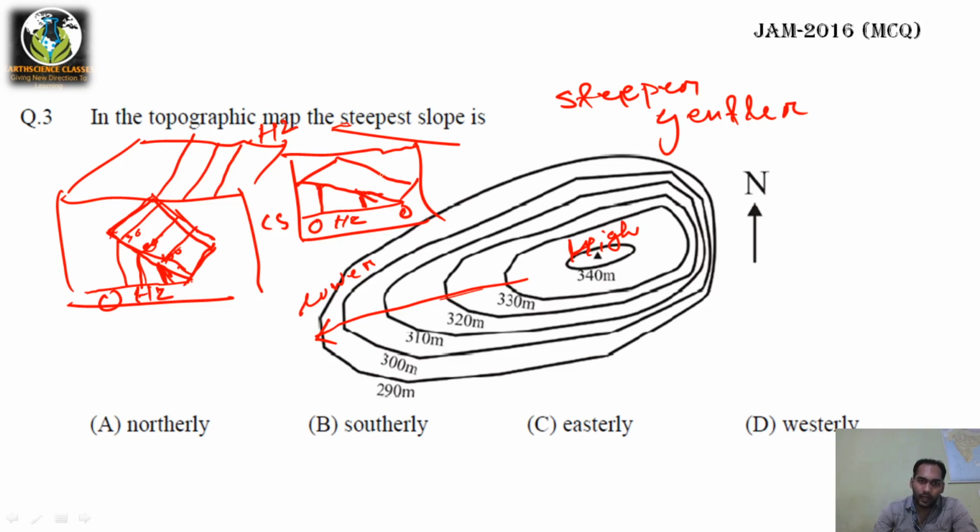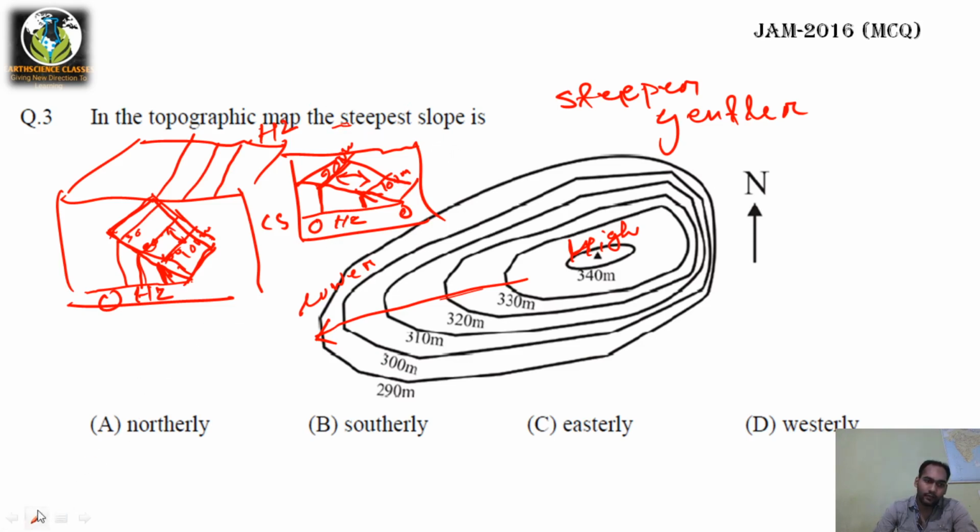So 100 meter line will be here and 200 meter line will be here. You can see the difference between the 100 meter contour and 200 meter contour here. This is the difference.